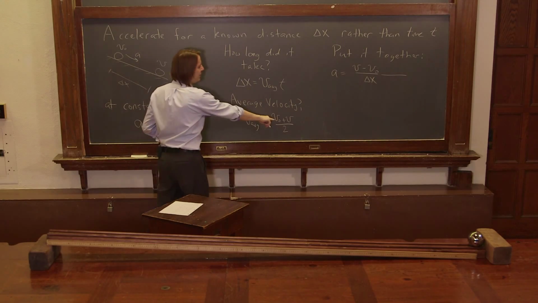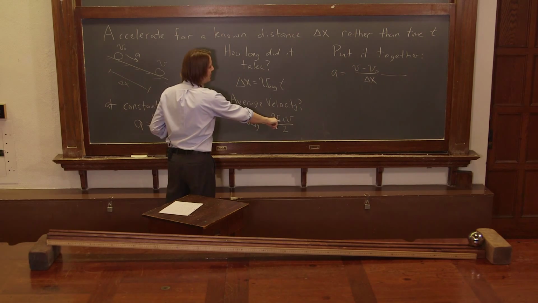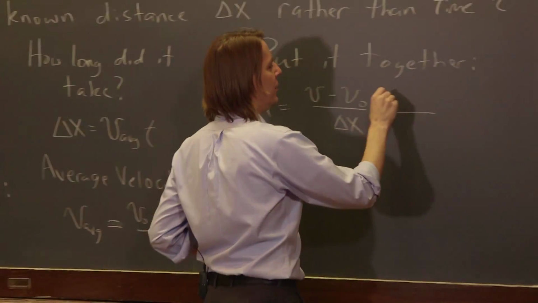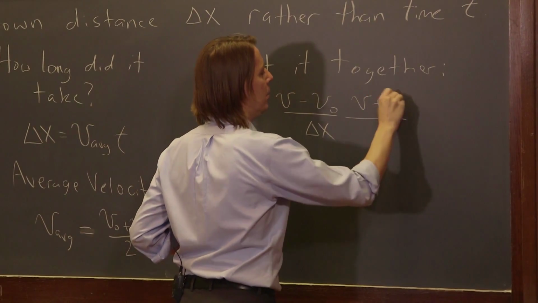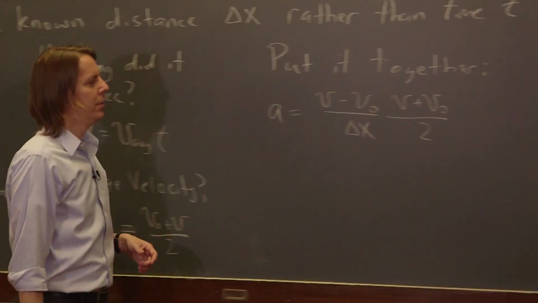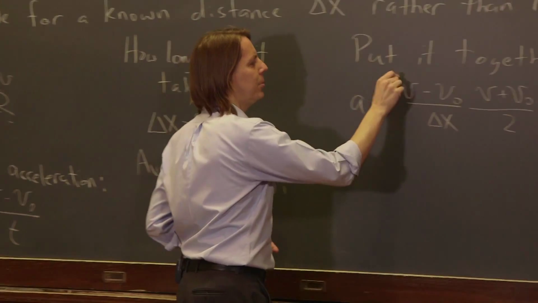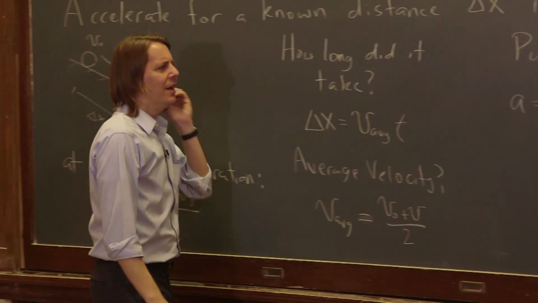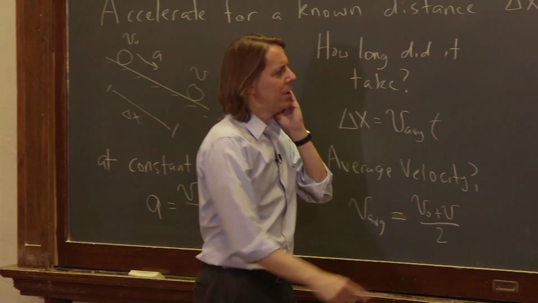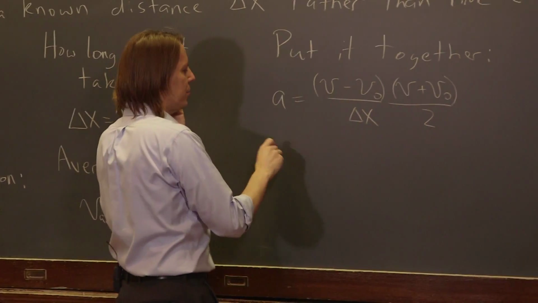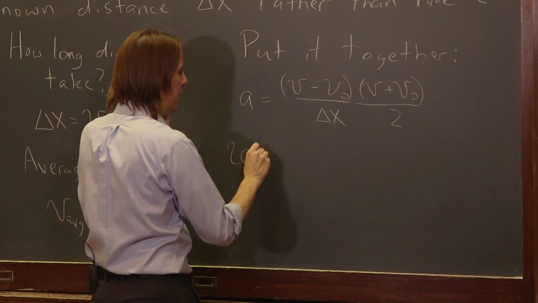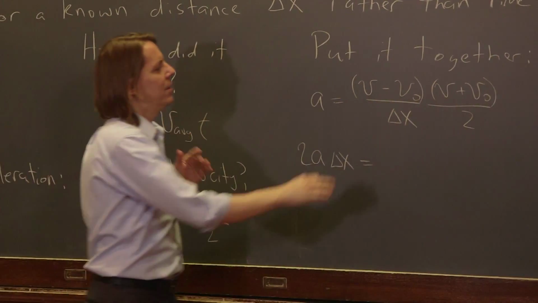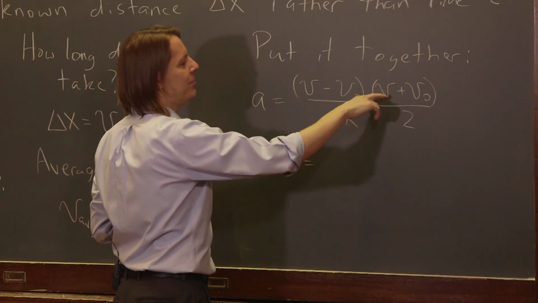And what is v average? It's v plus v naught over 2. All that shows up. Get those, that times that, and then you start to see something interesting here. We can bring the 2 and the delta x over here, so we have 2a delta x, and then we have sort of a minus b times a plus b.